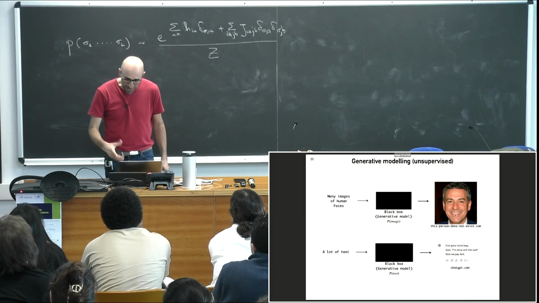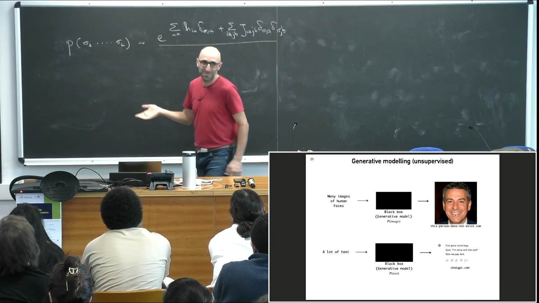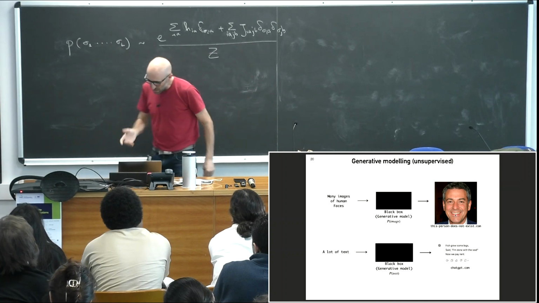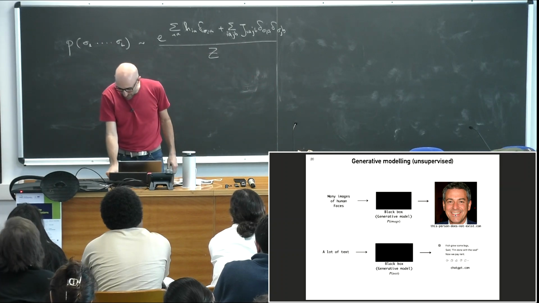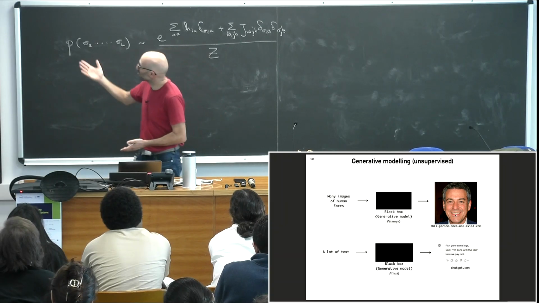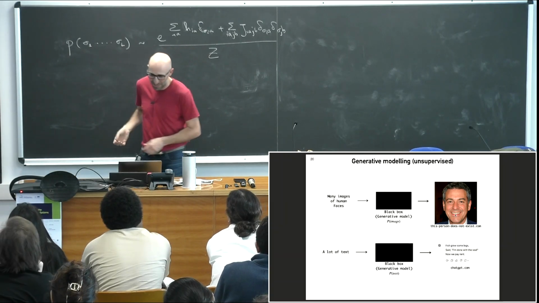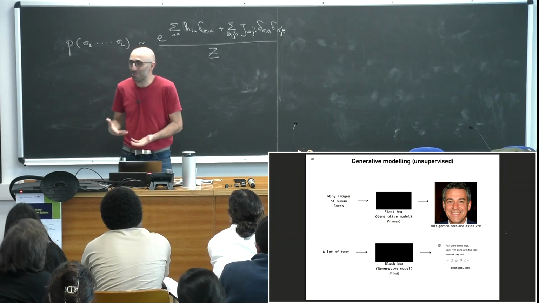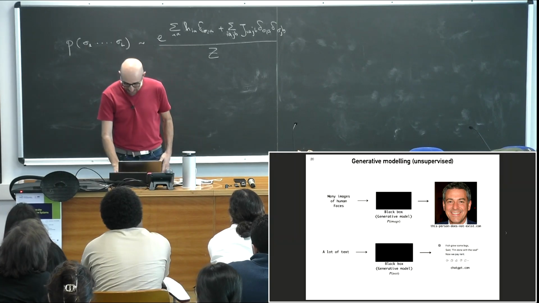How do I evaluate the quality of the generation? This is very tricky. In images you can just look at the image and ask, do you think this is a human face? Well, yes. But in proteins it's not totally trivial to check what you're doing.